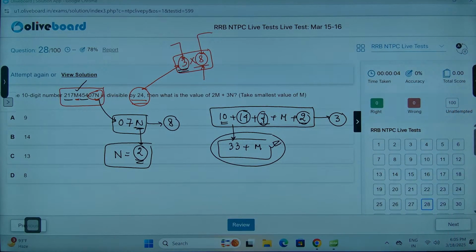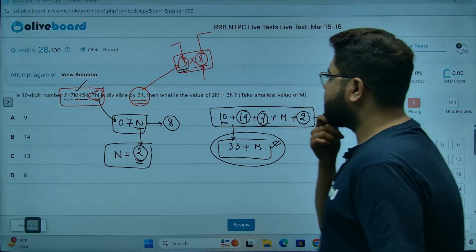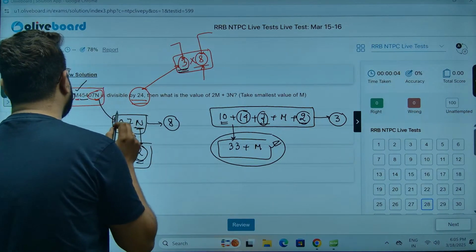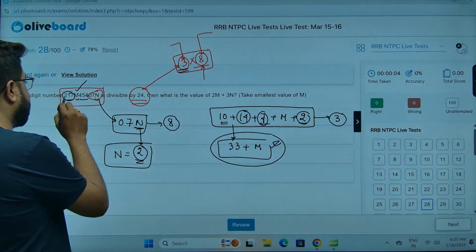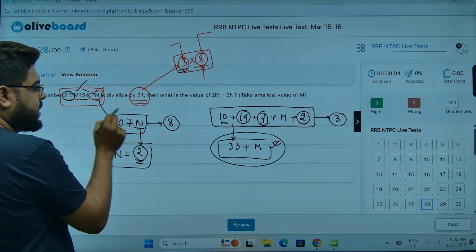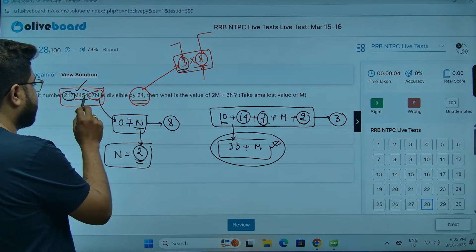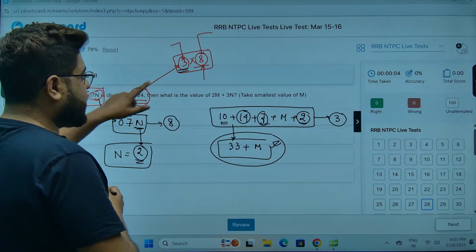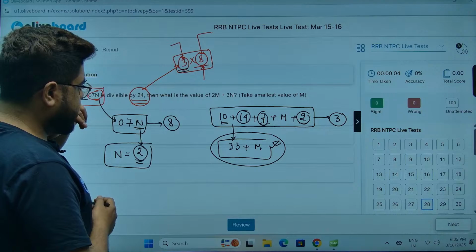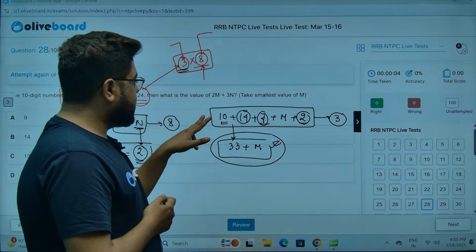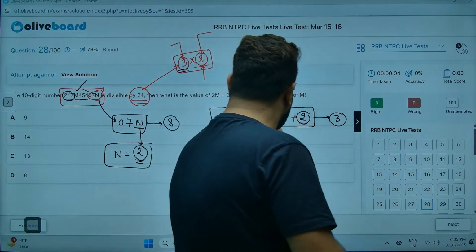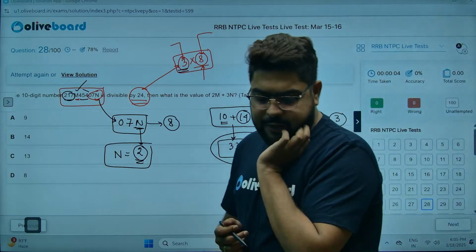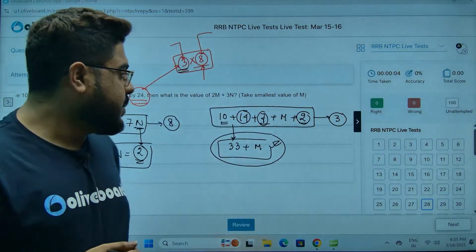See, just a second, have I done any error? 33 itself is divisible. 7 plus 2, 9 plus 1, 10. 10 plus 14, 14 plus 7 plus 2, that is 9. 14, 24, 26 plus 7, so 33. No, I have not done any error, at least for the time being.